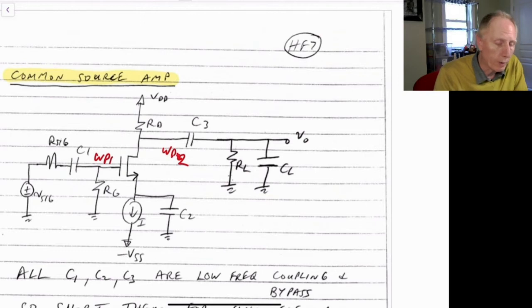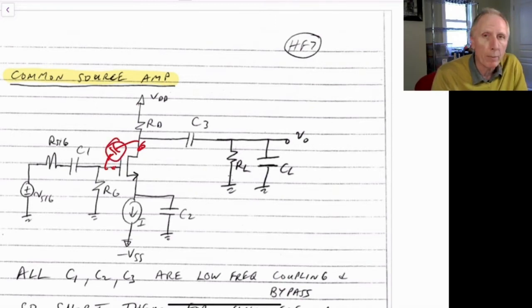Omega P1 often dominates because, as we mentioned, we're taking a capacitor here, C gate to drain, and it's multiplied by the gain of this stage from the gate to the drain. And if that gate to drain amplification is 20, then this is taking this capacitance here and multiplying by a factor of 20, which can often make this the dominant pole side, because we have one transistor which might be multiplied by 20 times its value.